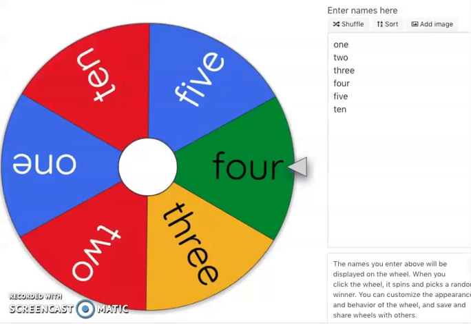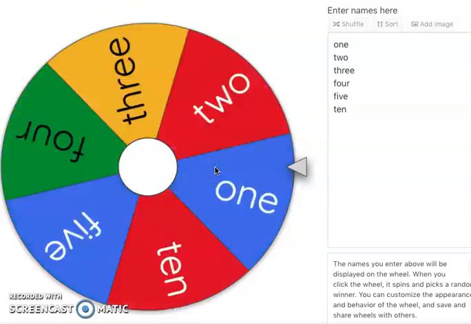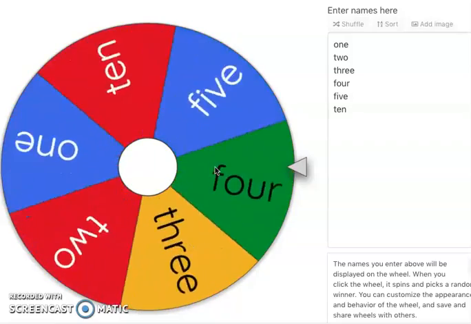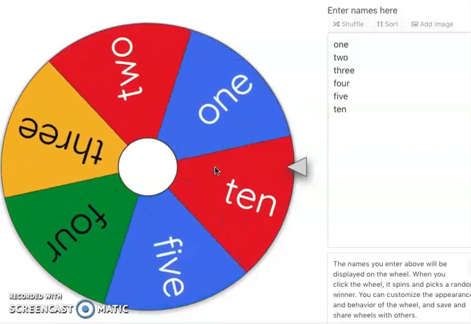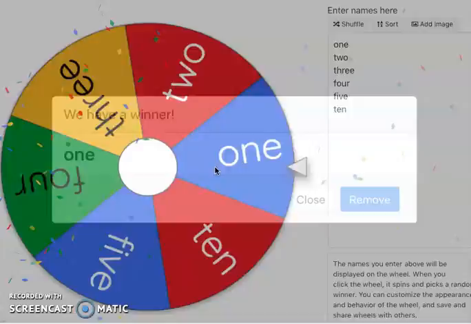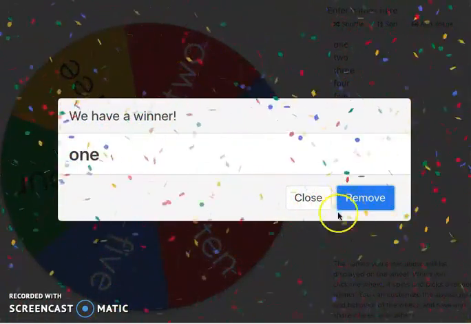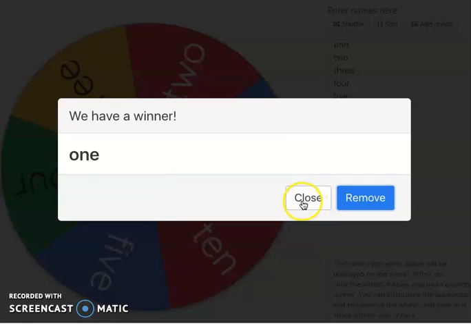So let's try one together. The link for this wheel is also in the email that I sent you this morning. So we're going to click the wheel. The first number is 1. Okay. You're not going to click remove, you're going to click close.